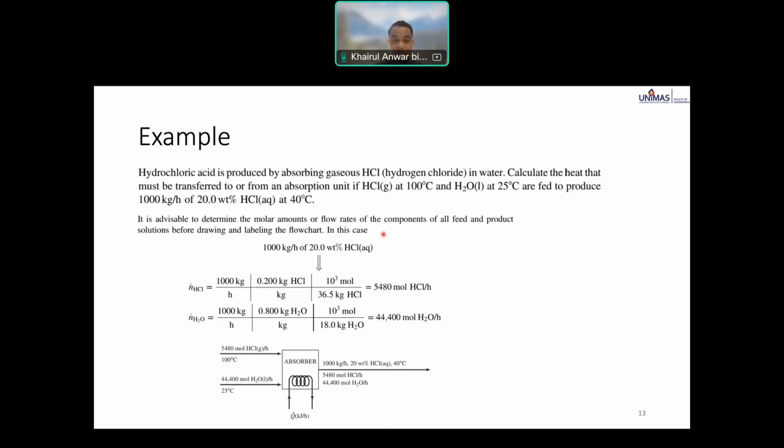For water, it's 44,400 mole H2O liquid per hour. Both of these calculations are based on the outlet for the HCl, hydrochloric acid, in aqueous form.